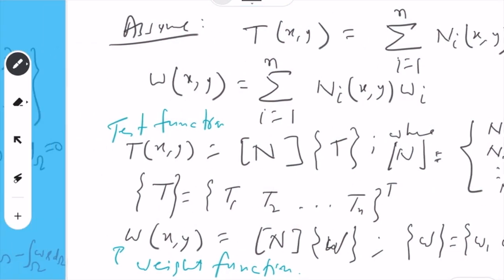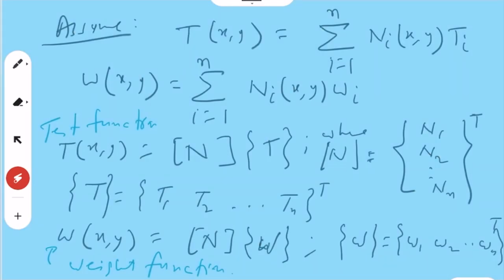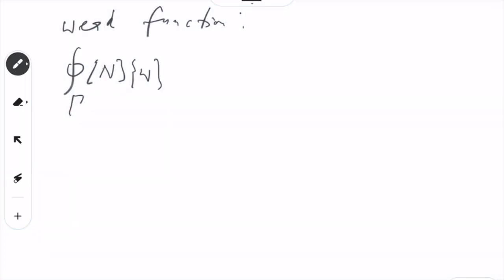And then the next is minus k, and here the gradient vector. So del tilde, and T is nothing but n times T, where T is the matrix now. So minus k del tilde of n times T, transposed.